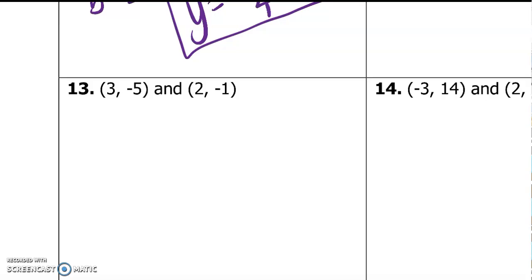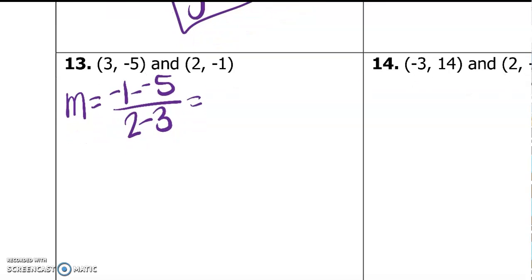And finally 13, m equals -1 minus -5 over 2 minus 3. So that would give us 4 over -1, which is just -4.